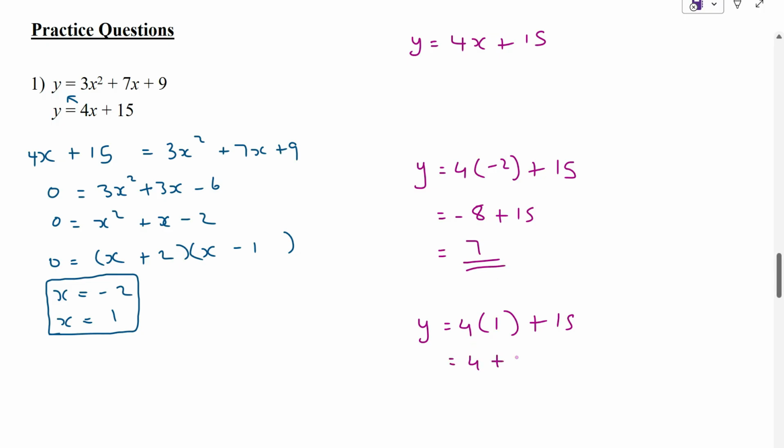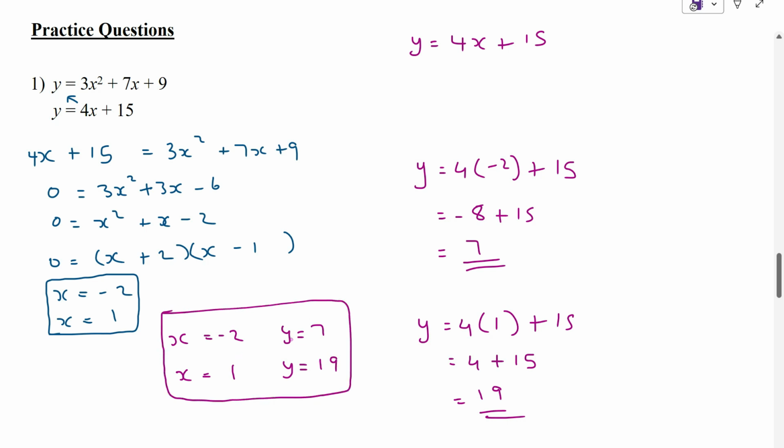This equals 4 plus 15, which is 19. So our final answer, just write it together. When x equals minus 2, y equals 7. And when x equals 1, y equals 19.